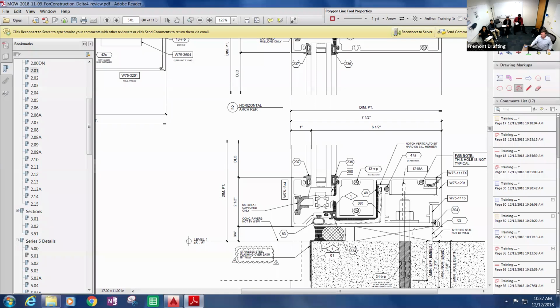Do you see that line work there? Yeah, so that line work represents the notch in the vertical member. And so it's sitting hard on the chicken head, which is what's making it a dead load, because it's not moving, it's hard.